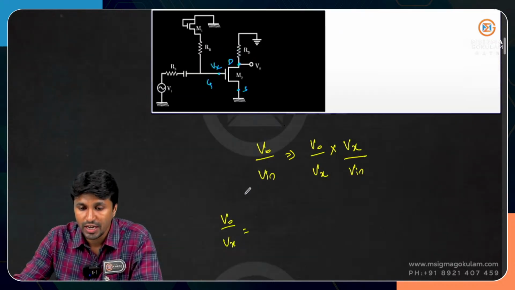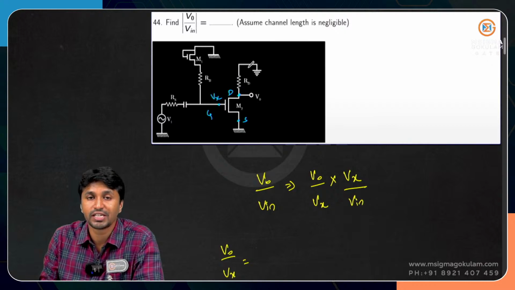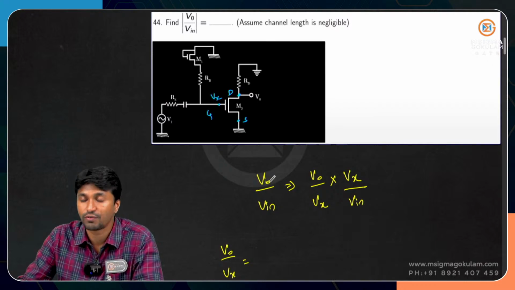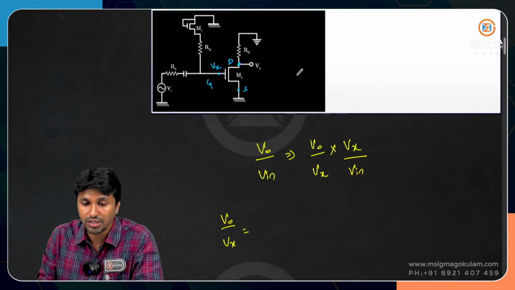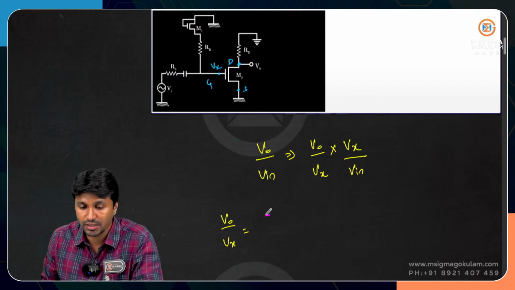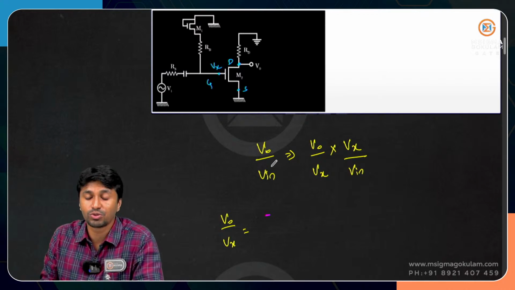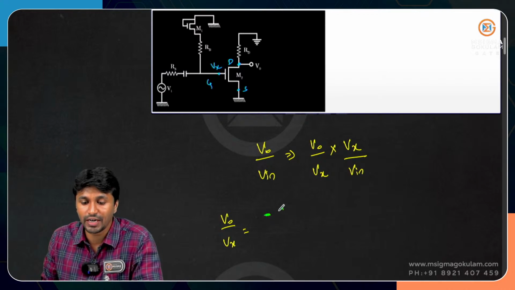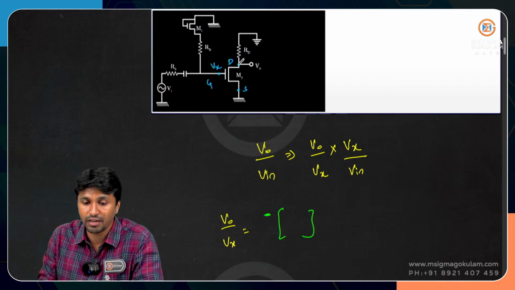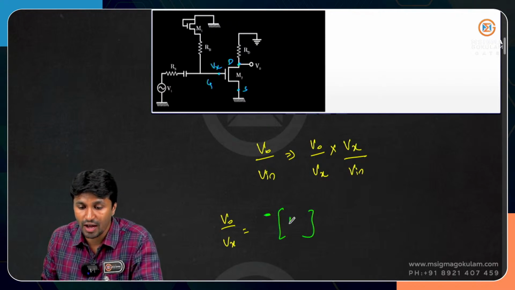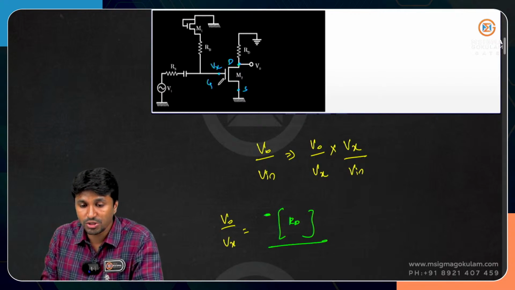What is V0 by Vx? Look at this one: input is applied to the gate, output is taken from the drain, source is grounded, so therefore it is a common source configuration. There will be a phase shift of 180 degrees. Output is taken between drain and ground, so you have RD, divided by the voltage Vx with respect to ground.